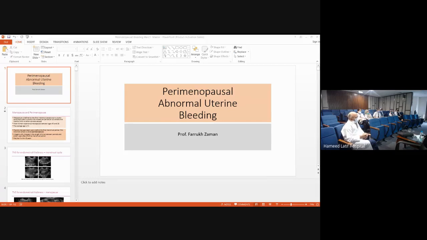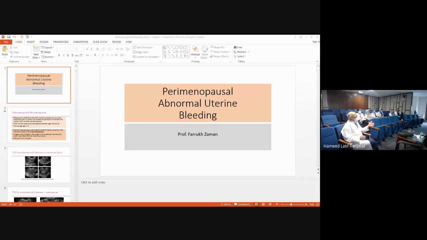The period during which the ovarian function is dwindling gradually is known as perimenopause, and it is characterized by periods which may sometimes be a little longer, sometimes they come earlier.